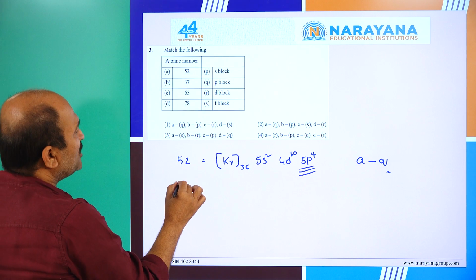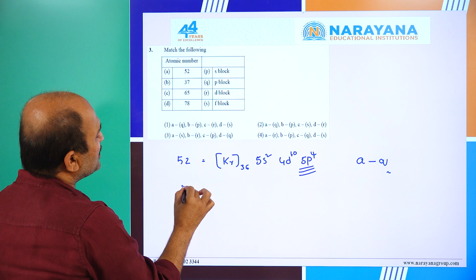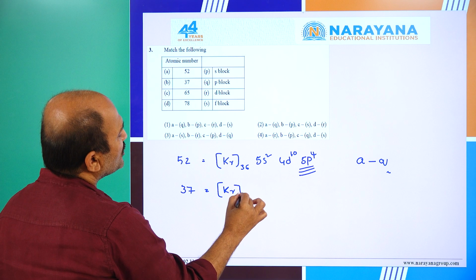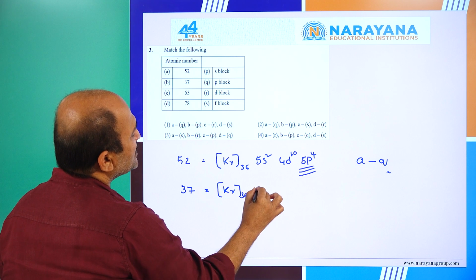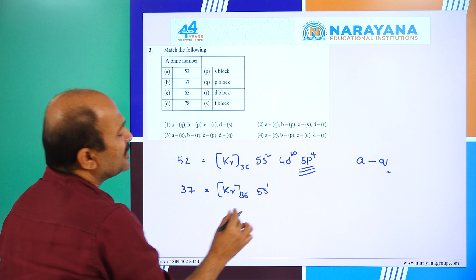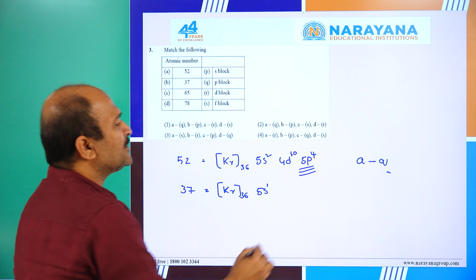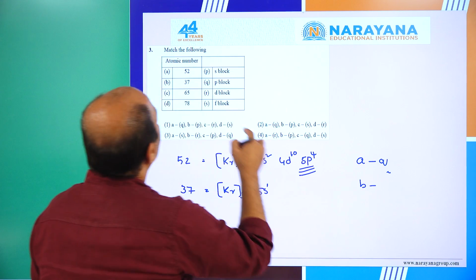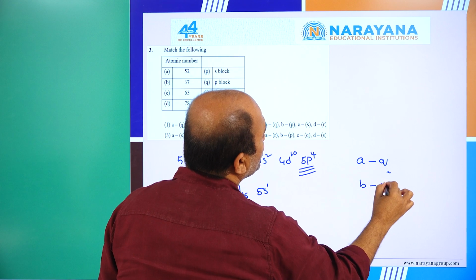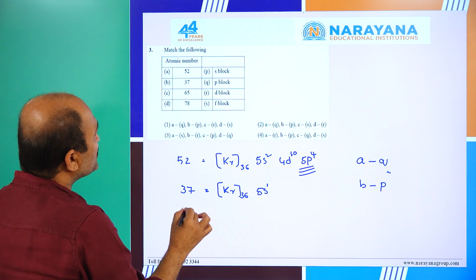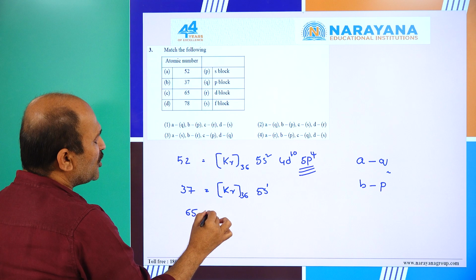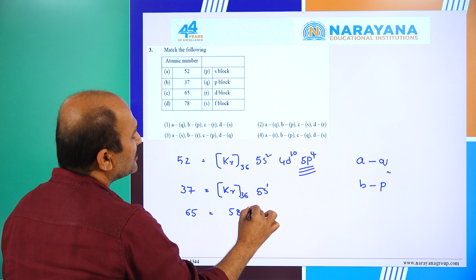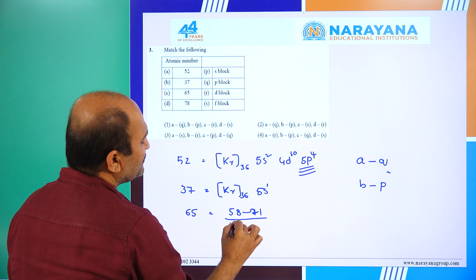And take the second element B, its atomic number is 37. You take krypton, 36. After 36 the electron goes to 5s1. So it belongs to s block. S block, that means element B is matched with P, which is the right answer. And go for the element 65. Here you use simple logic. Lanthanides are 58 to 71, called lanthanoids.